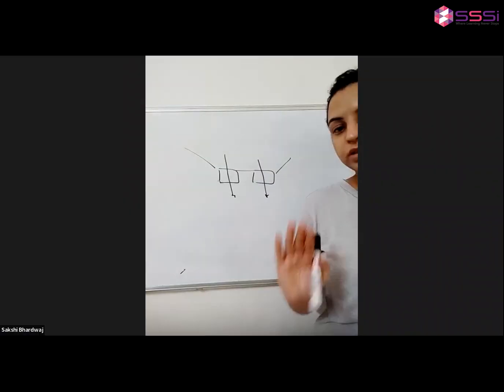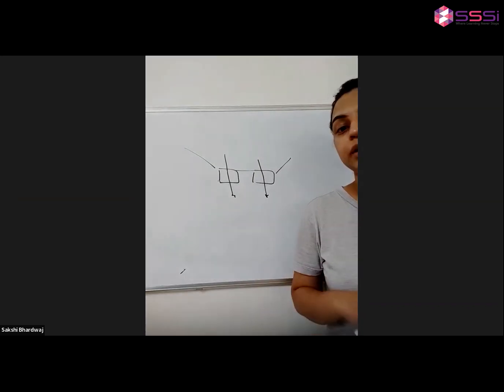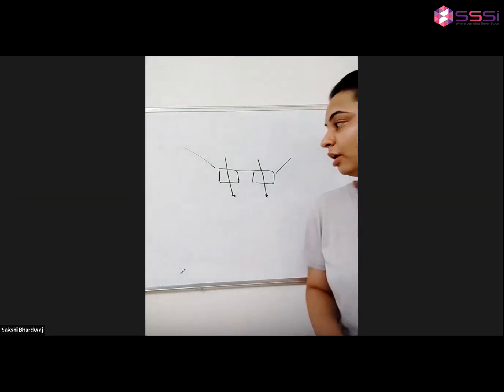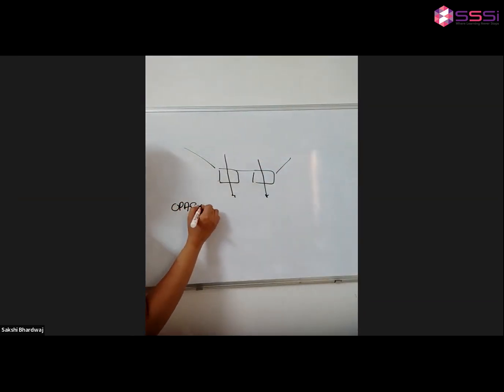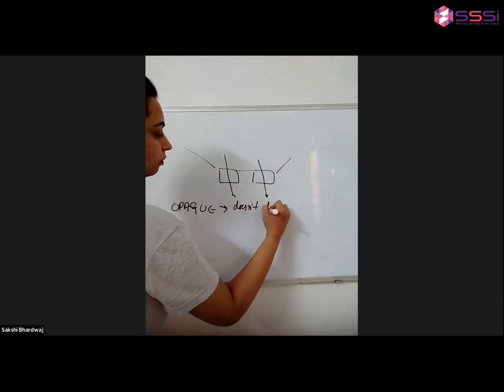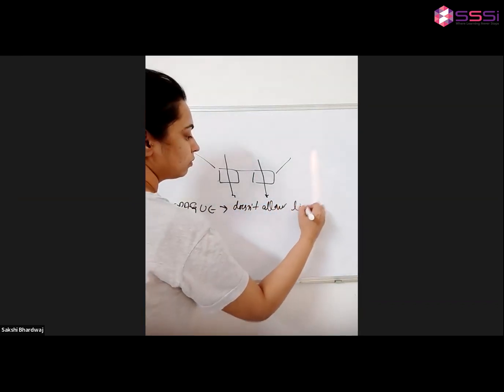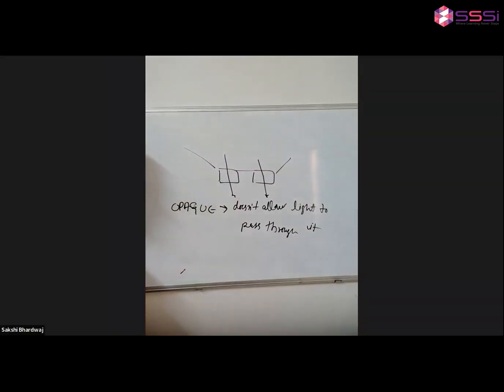Opaque and transparent things you know, but why opaque things are opaque and why transparent things are transparent? Now you got the reason. Opaque, you may write, doesn't allow light to pass through it, right?